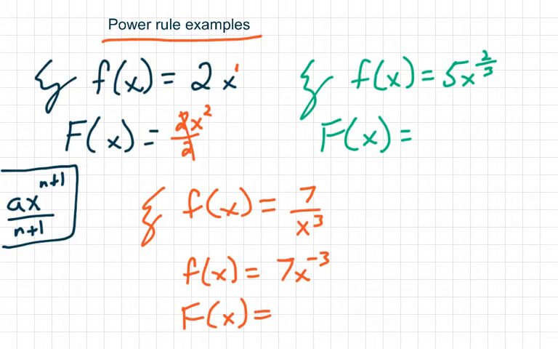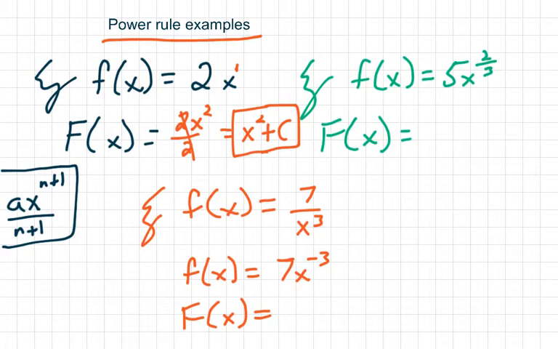The 2's will cancel. My f of x is now equal to x squared. There it is. The only thing is, I always forget to put the plus c. If I forget, forgive me. You do have to have it though. It's one of those things.